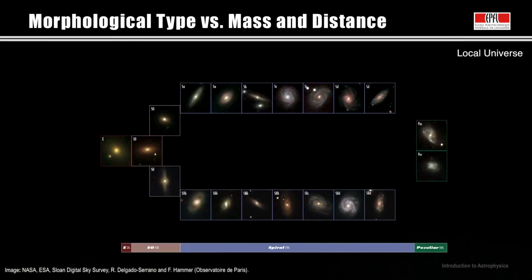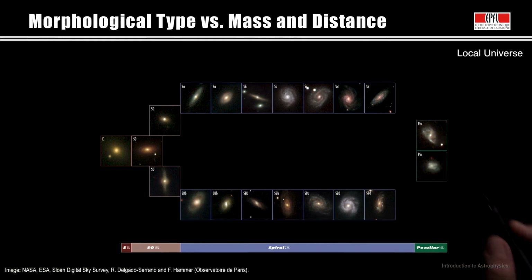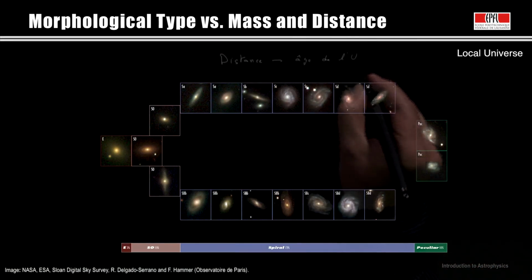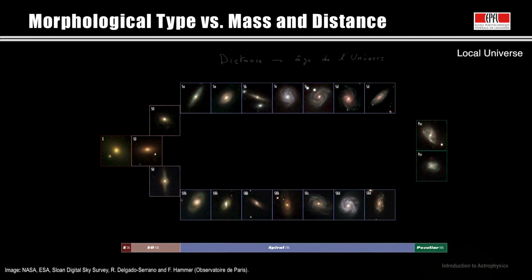We have discussed various diagnostics during this lecture: imaging, spectra, and a morphological classification. This morphological classification is not just to classify the objects. It is very useful to astrophysicists. The morphological classification changes with the distance. The distance is also the age of the universe. The universe was created during the Big Bang. It is expanding.